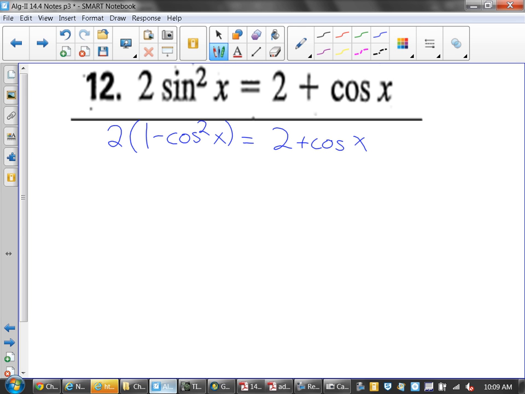Generally speaking, I'm going to try and keep these at the complexity of using one of a very straightforward Pythagorean identity. That's usually what happens with some of these. Okay. Now, the next step I would do, distribute. I get 2 minus 2 cosine squared x equals 2 plus cosine of x.